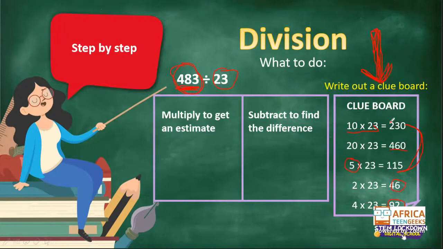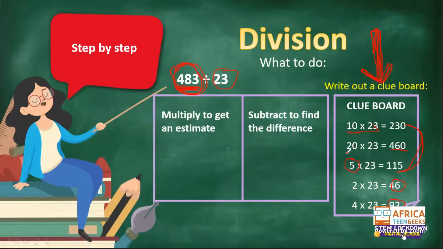Look at all these numbers, 230, 40, 460, 115, 46, 92. Which one is the closest to 483? There we go. You guys said 460, that is correct.